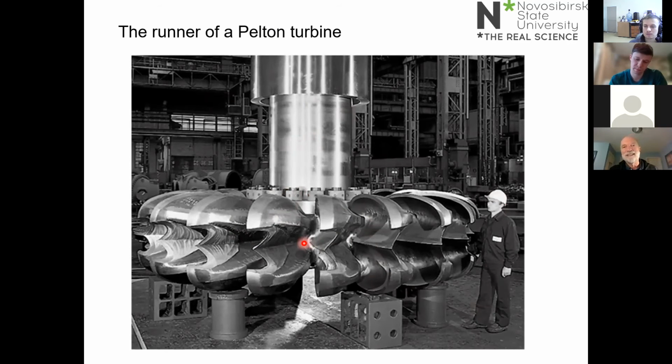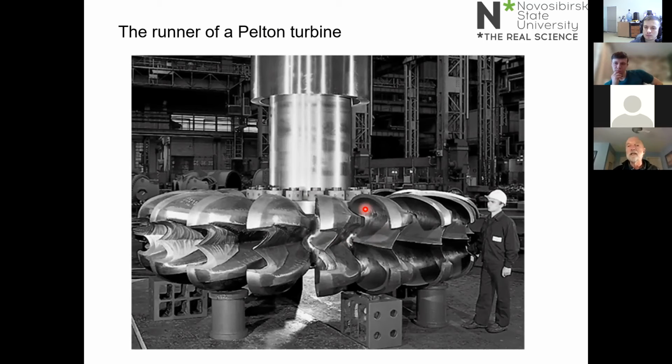The first fascinating thing about Pelton turbines is how fundamentally simple they are. All that happens in a Pelton turbine is a jet of water is aimed at those buckets to force the buckets to rotate, and that produces power. The other amazing thing about the Pelton turbine is that it can do that with a high efficiency.